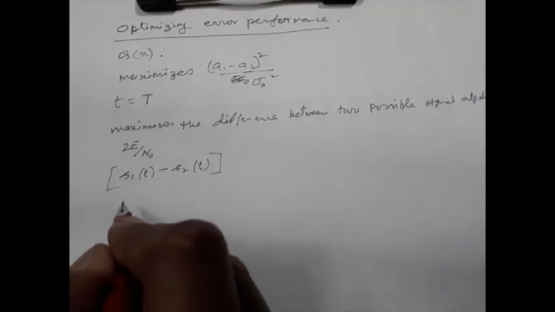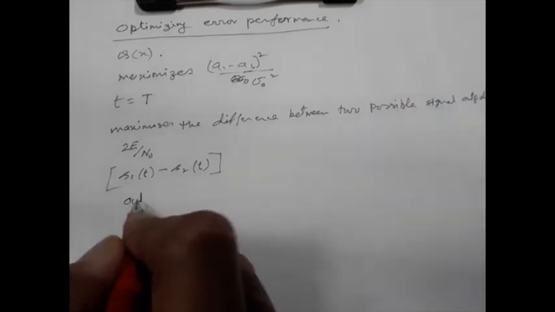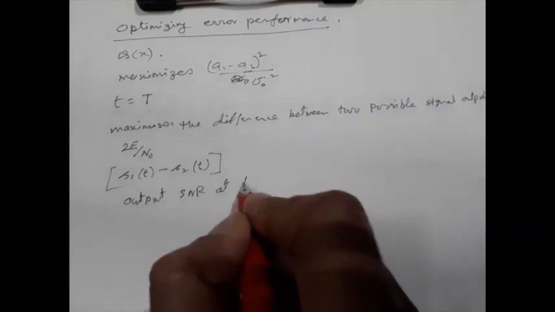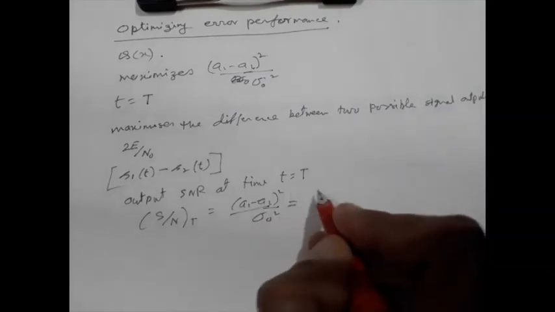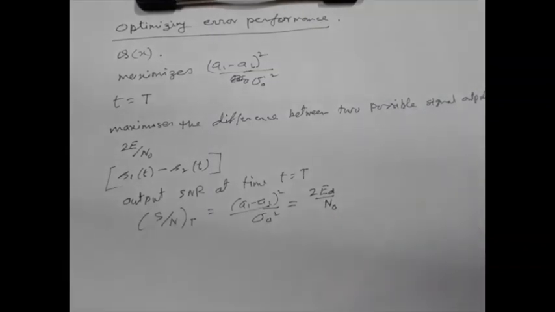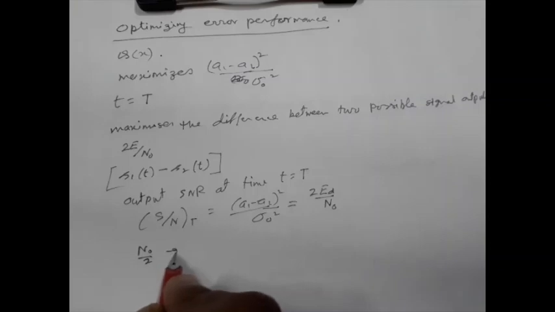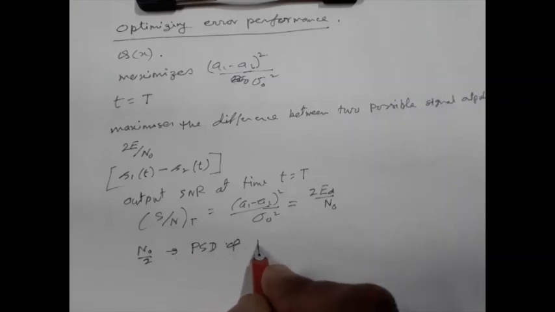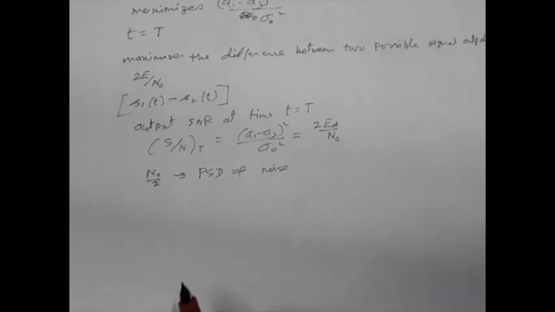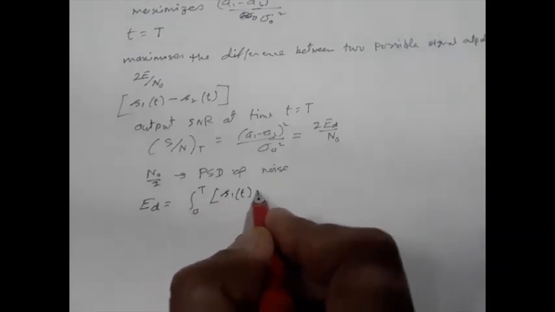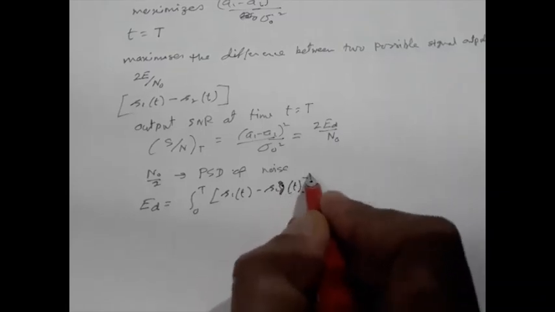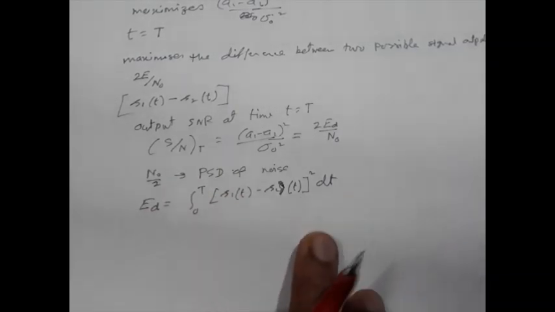So we can write an output SNR at time t equal to capital T equal to (a1 minus a2) square by sigma 0 square, that is equal to 2ED by N0, where N0 by 2 is the PSD of noise, assuming it is a white noise at the filter input, and ED is the energy of the difference signal, that is integral of (S1(t) minus S2(t)) whole square dt.